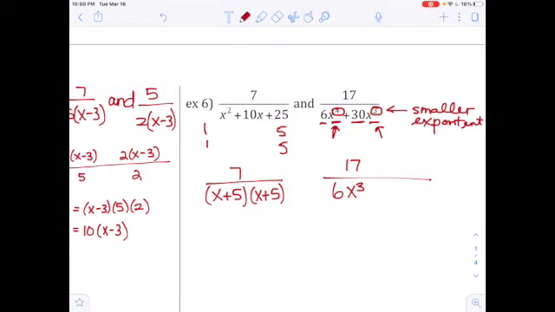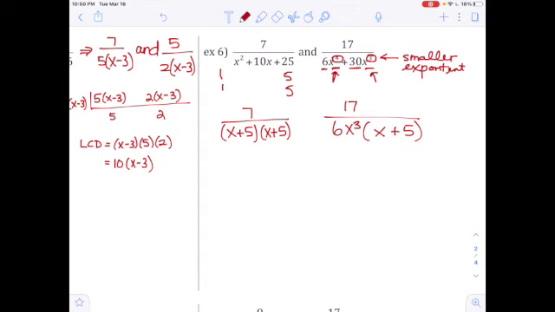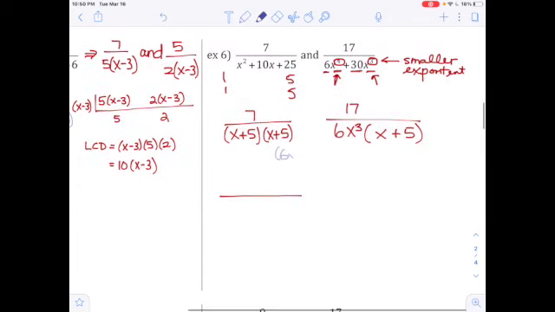So now what we're going to do is, once you factor, you have to write down the rest of it. That gives you x, that gives you plus 5. Next line is, what do they have in common? Well, you can do the long way, or you can say, hey, let's reason it out. The first fraction is missing a 6x to the third, so I'm going to multiply right here by 6x to the third.